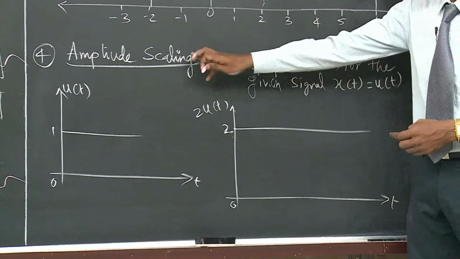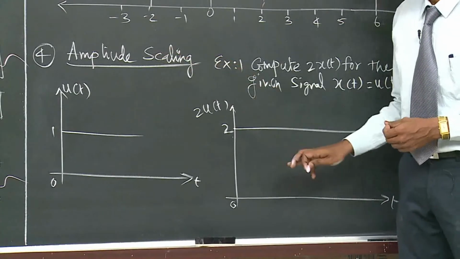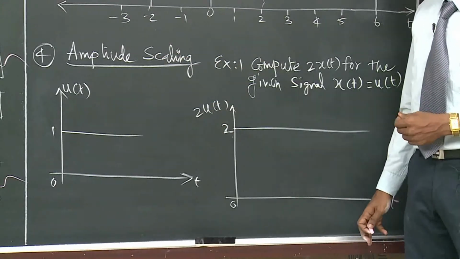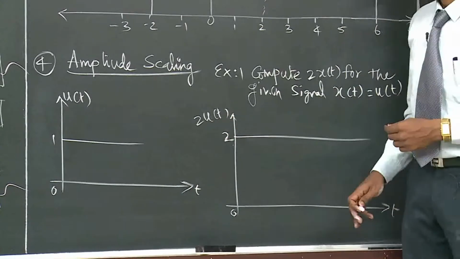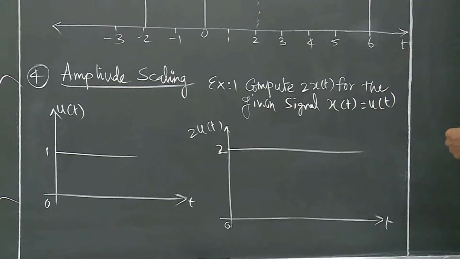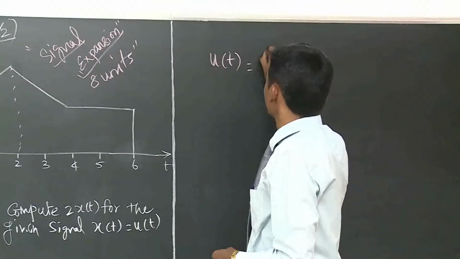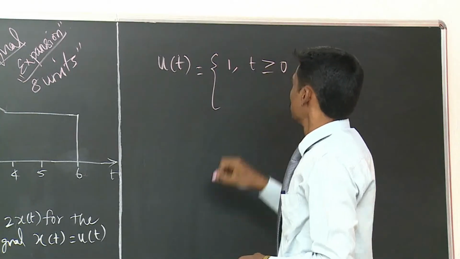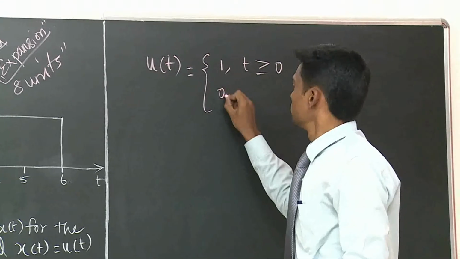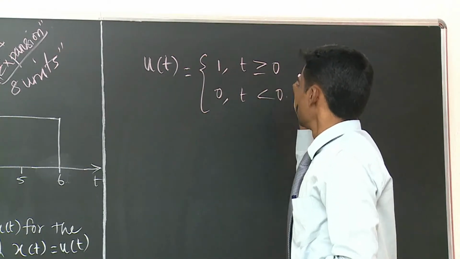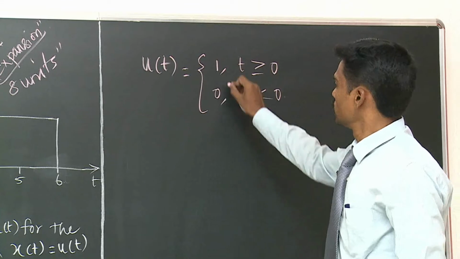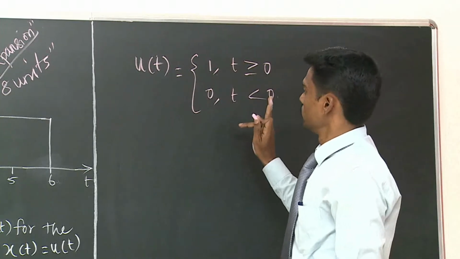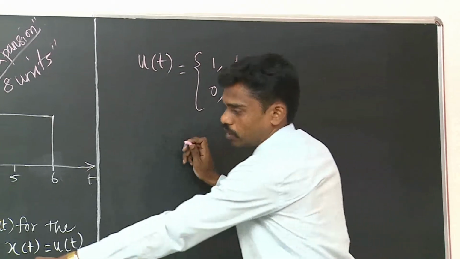If I attempt to perform amplitude scaling on the given u of t, that is 2 u of t, we already know what u of t is. u of t is equal to 1 for t greater than or equal to 0 and 0 for t less than 0. This mathematical expression is what I have drawn here.